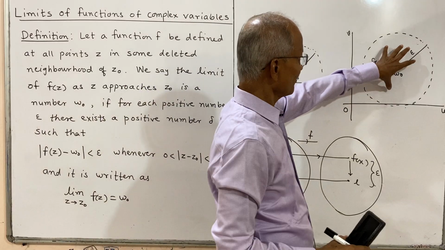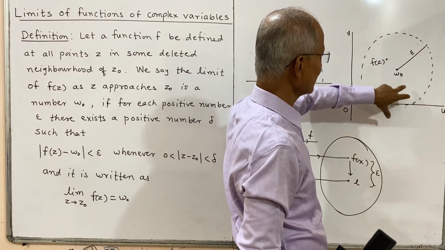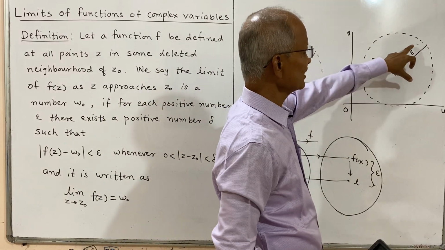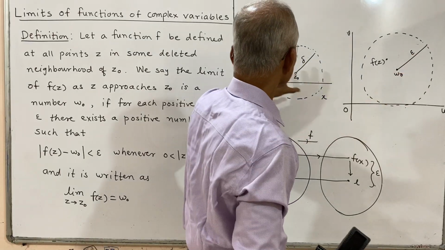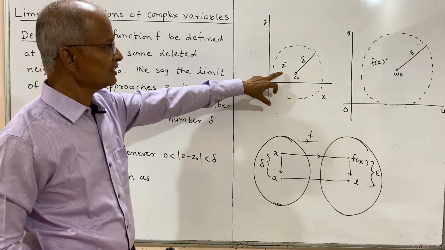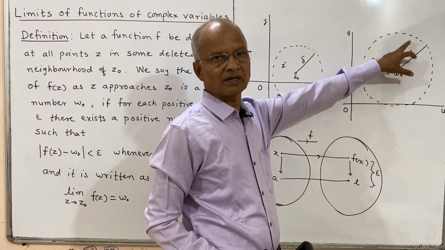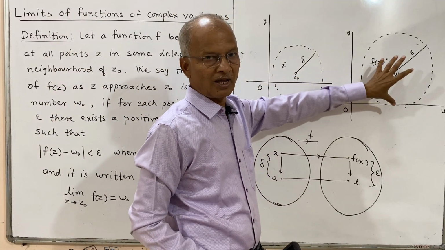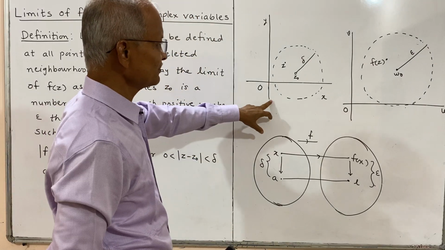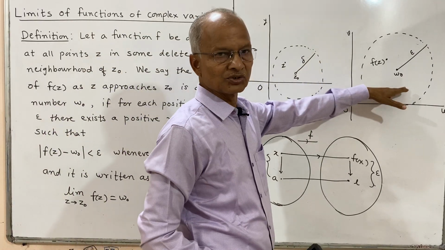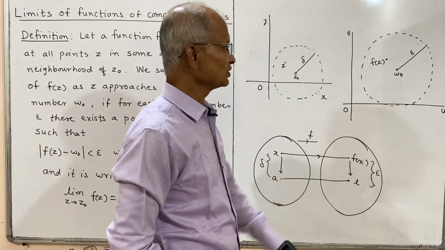For every value in this neighborhood, the distance from w naught is less than epsilon. So whenever z is within delta distance from z naught, f of z will be within epsilon distance from w naught. That means this happens first and then corresponding changes will happen in the function's value.